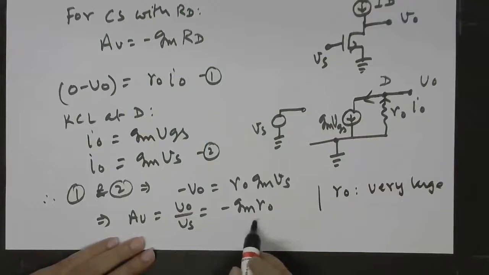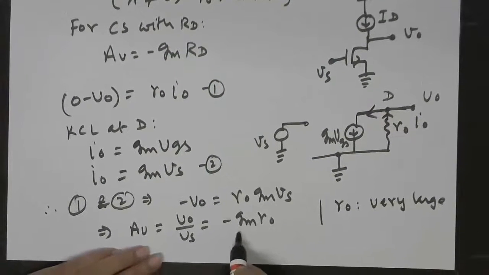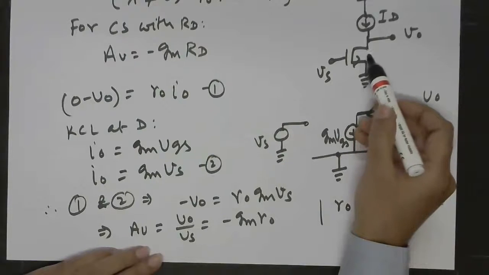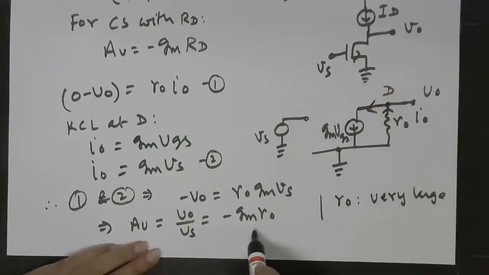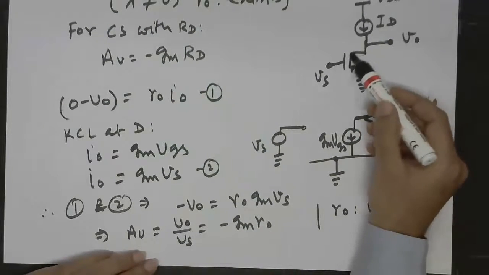So here you can see that the voltage gain is going to be very high. And in this case, both the parameters GM and R0 are related to the NMOS. So this gain is the outcome of the NMOS alone.